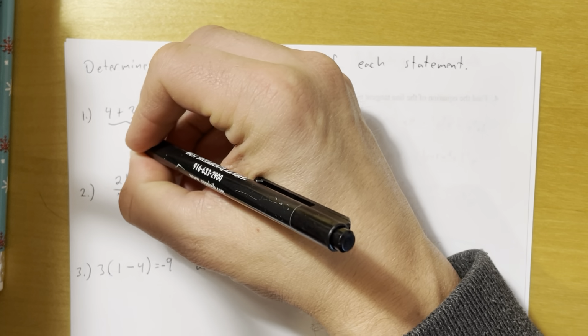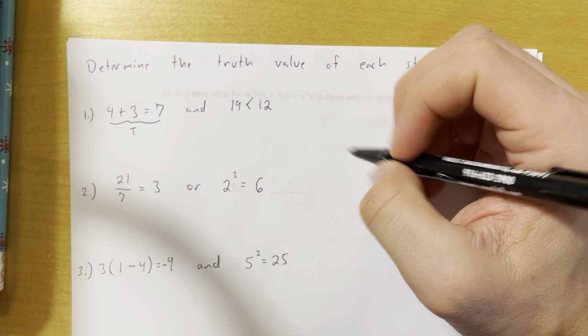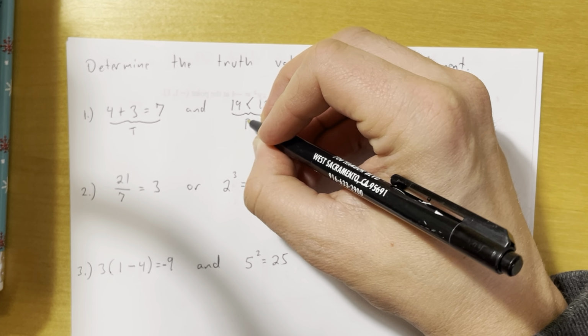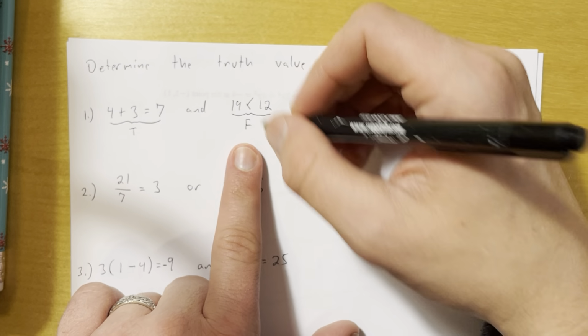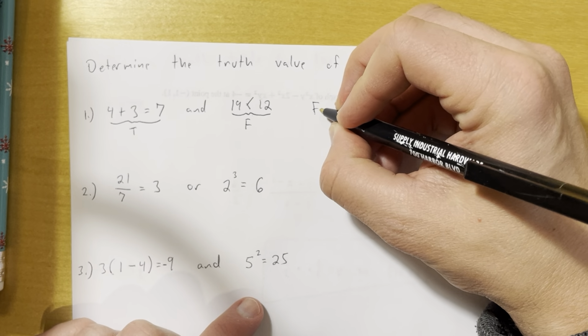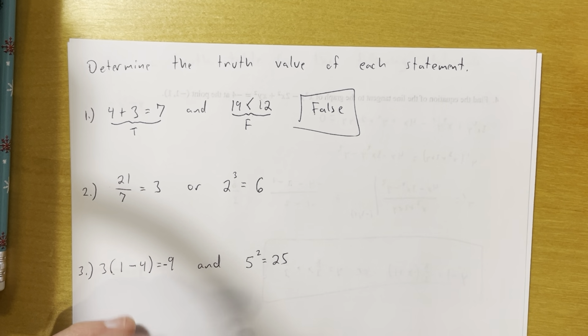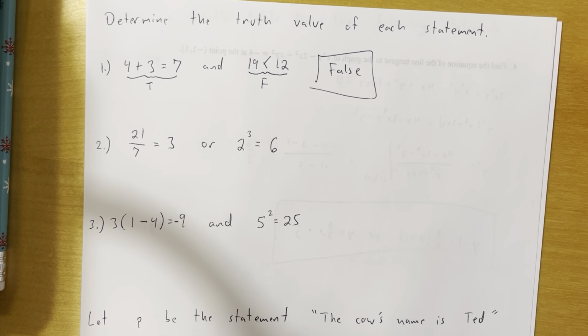This is a true statement. However, 19 is less than 12 is a false statement because 19 is not less than 12. And the fact that one of these statements ended up being false means the entire compound statement must also be false. That really boils down to which connective was used here, the word and.